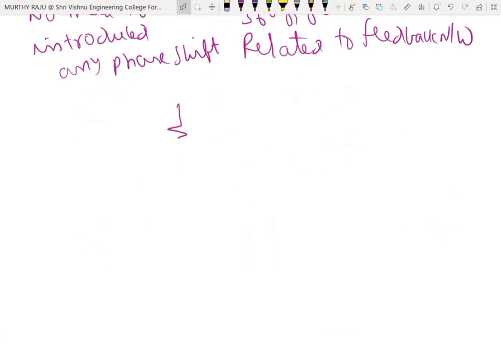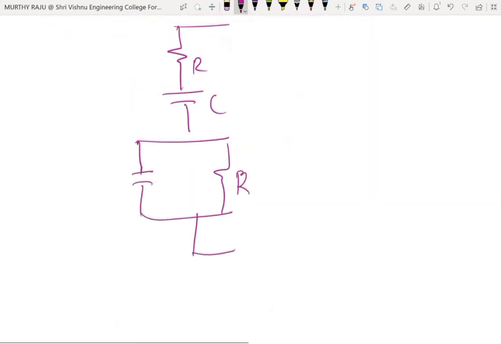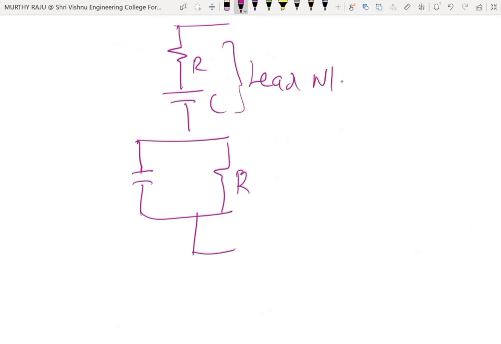This is the lead network, and this is the lag network. The lead network and lag network play an important role. Series connection. This is the lead network. This one is the lag network.